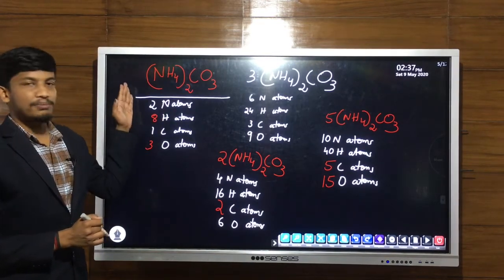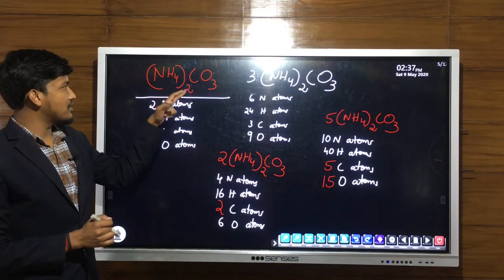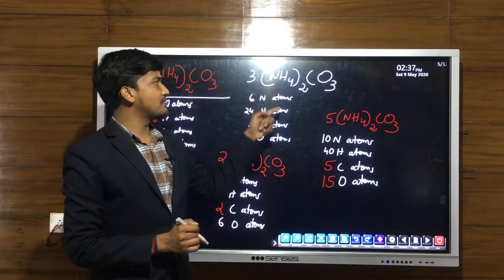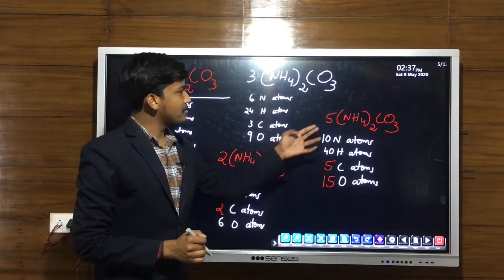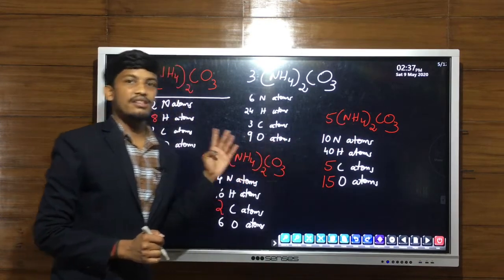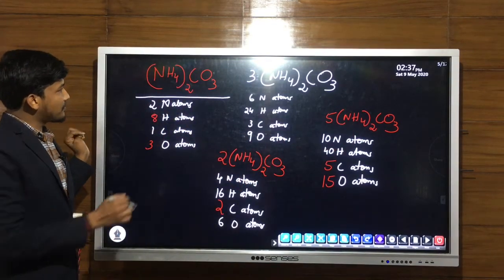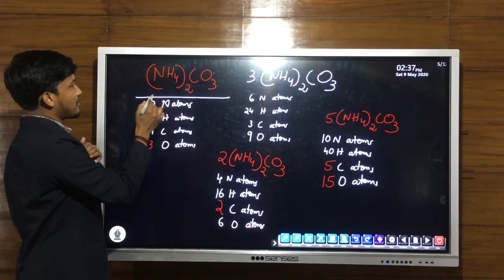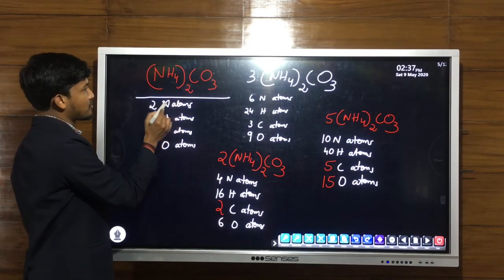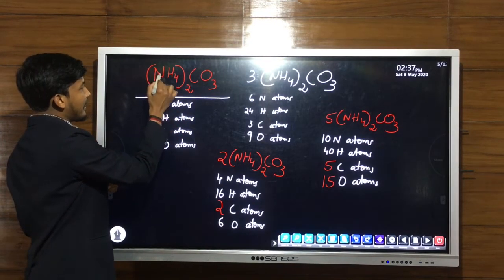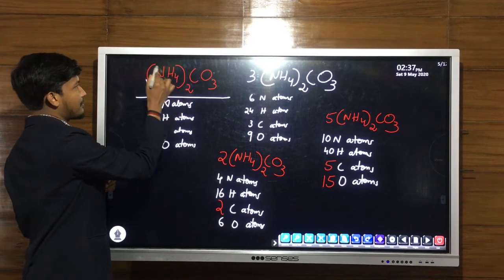First we will count the number of atoms in (NH4)2CO3, then 3(NH4)2CO3, then 5(NH4)2CO3 and so on. First of all, in (NH4)2CO3, the number of nitrogen atoms is 2. See, N and H both are in the brackets.